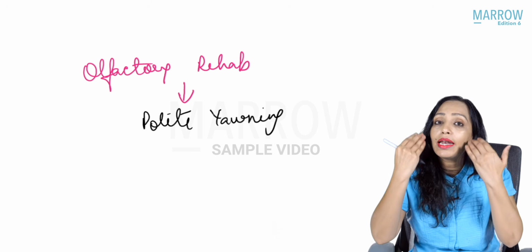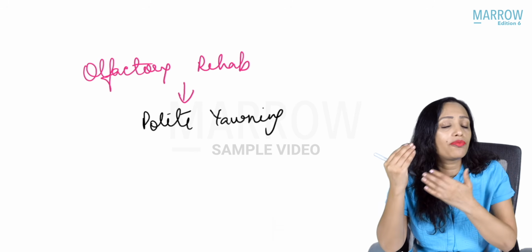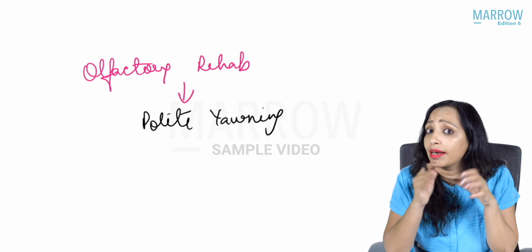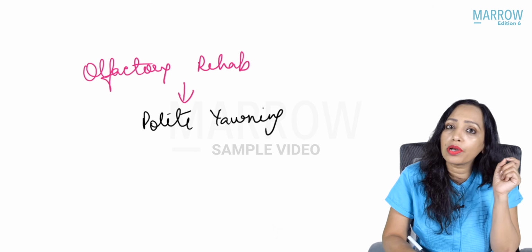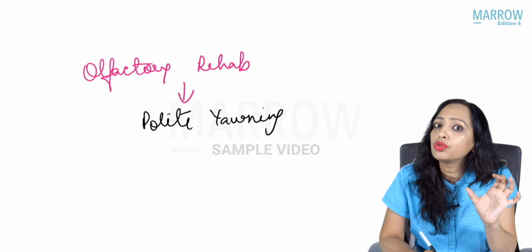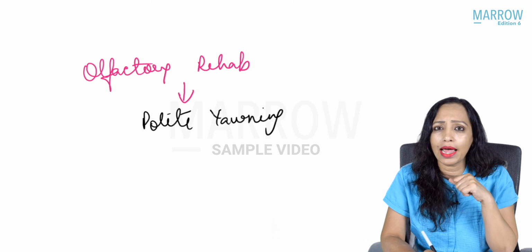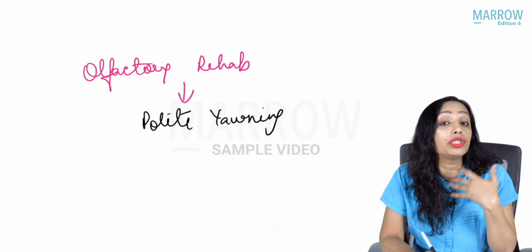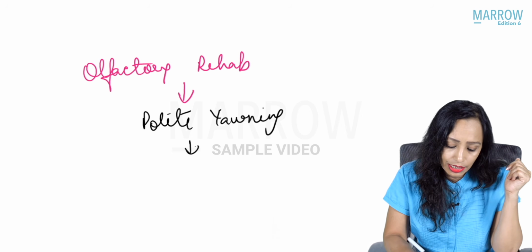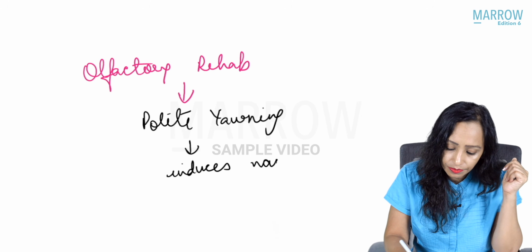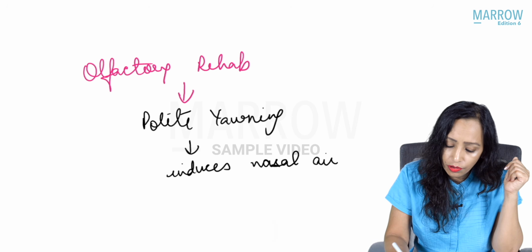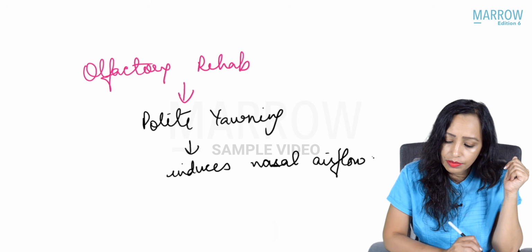So when the air now goes through the nose, it reaches the olfactory mucosa and the patient can get some sense of smell. So that is what is known as polite yawning. Yes, you just need to know this word, and you can just try this and you can see how it induces nasal airflow, and the patient can smell.